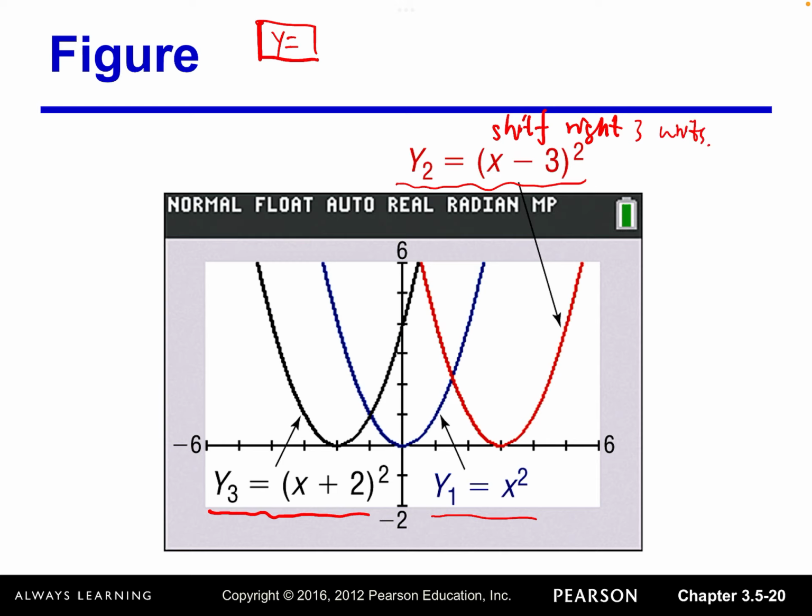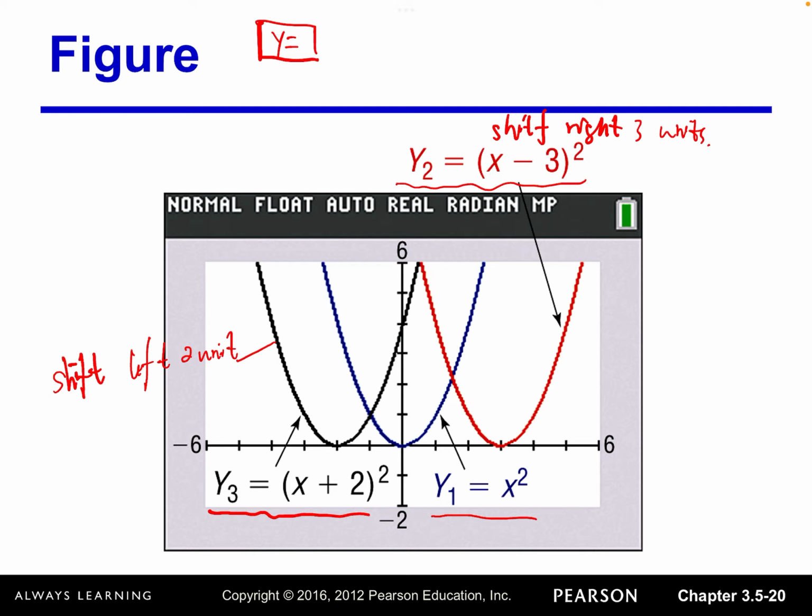This one is shifting to the left-hand side 2 units. We can see that from the graph, okay? And then from the equation, we can use transformation techniques to confirm that as well.